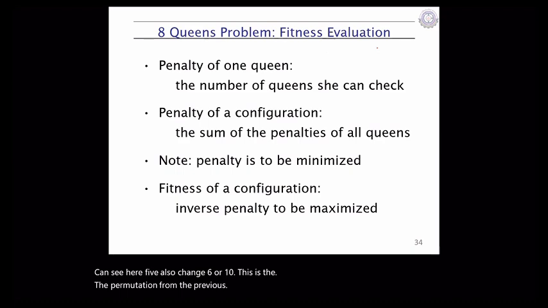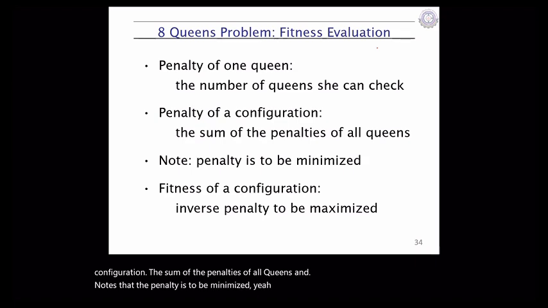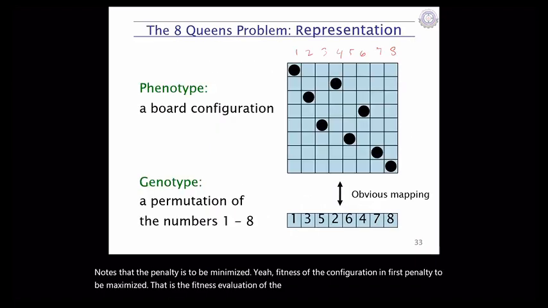The penalty of one queen is the number of queens it attacks, and the penalty of a configuration is the sum of the penalties of all queens. Note that the penalty is to be minimized. The fitness of the configuration is the inverse penalty, to be maximized. That is the fitness evaluation of the 8 queens problem.